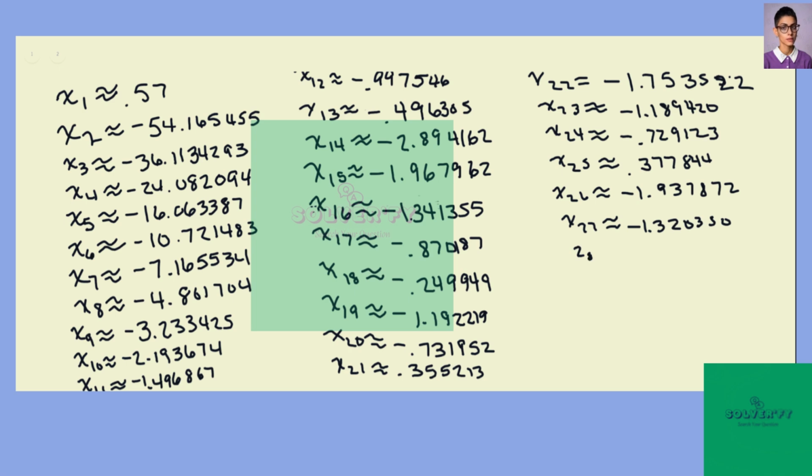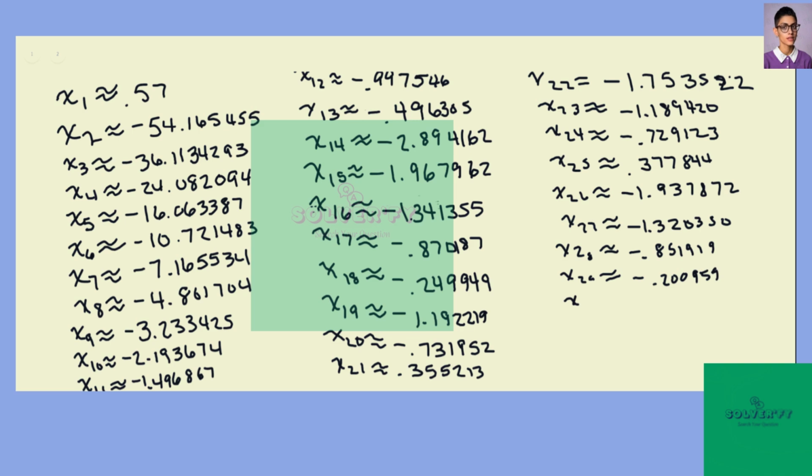X sub 28, negative 0.851919. X sub 29, negative 0.200959.